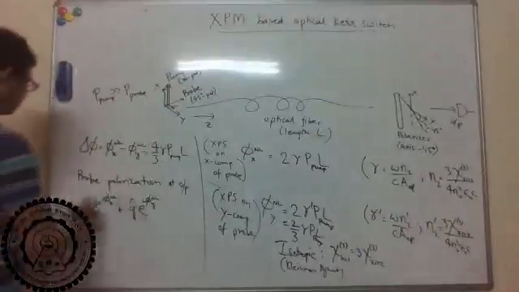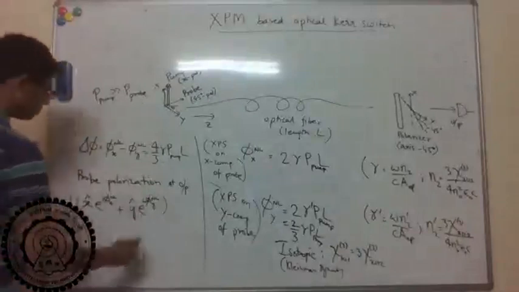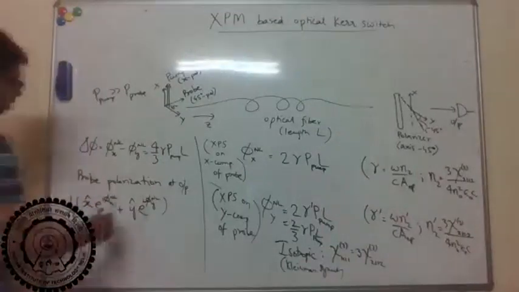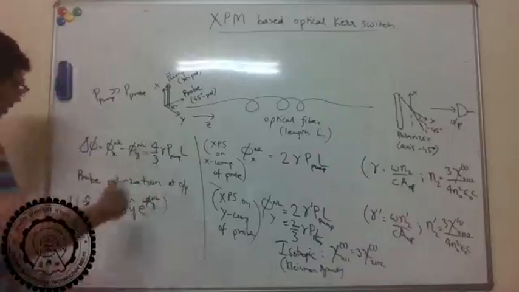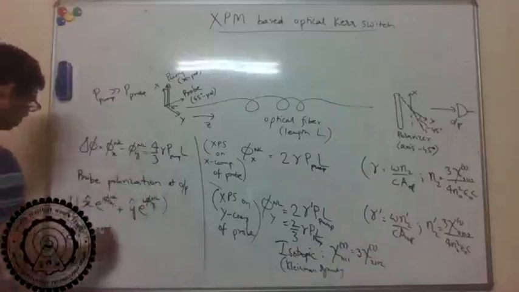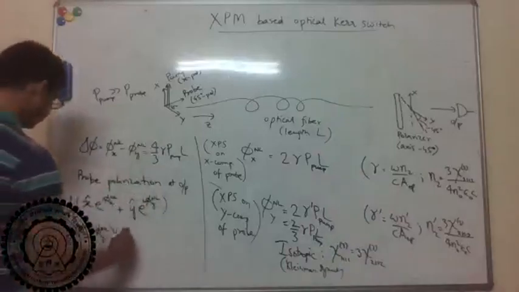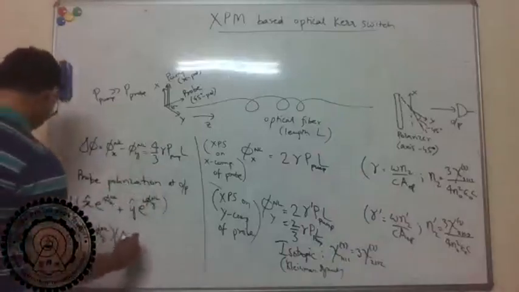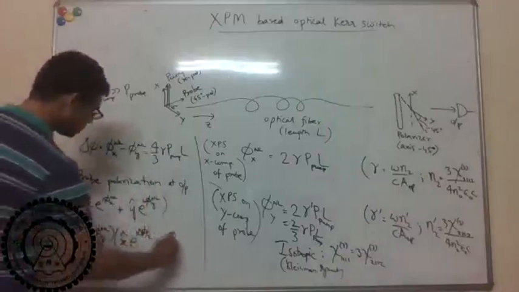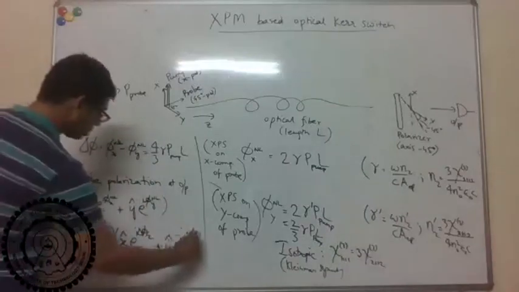So that's the, you could have normalization outside, but that's the polarization at the output. So now I do a similar trick that we did in last class. So take the common out. So the average we can take out. So e to the i phi x plus phi y by 2. And so here we will be left with e to the i delta phi by 2, and the y component will have e to the minus i delta phi by 2.